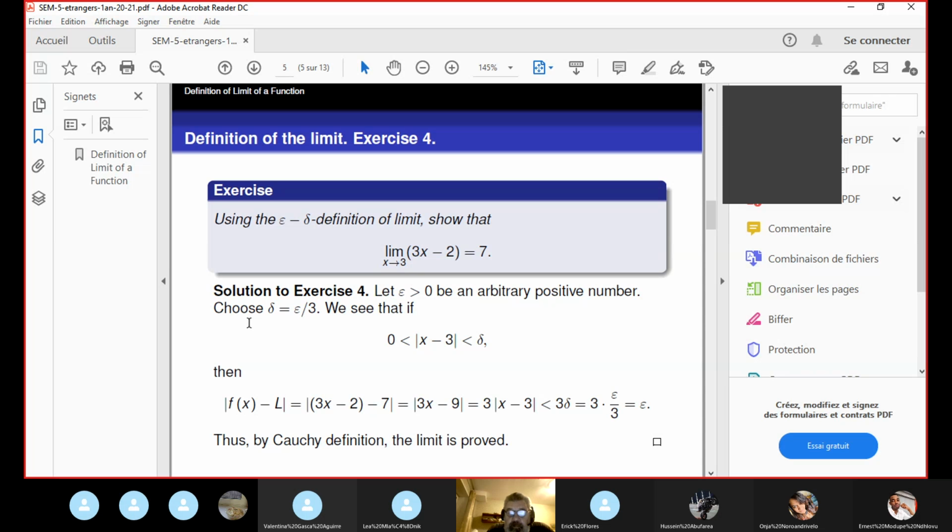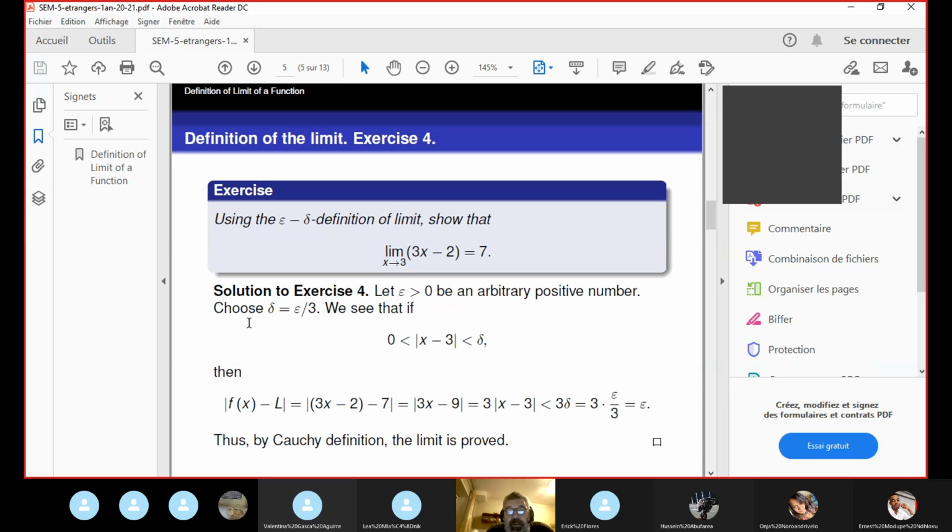Agree, Valentina? Yeah. Agree. So 3, you see, it comes from our function. It can be 4, 5, I don't know what. So if I take my delta, for example, if the limit is x tends to 5, is delta multiplied by 5?